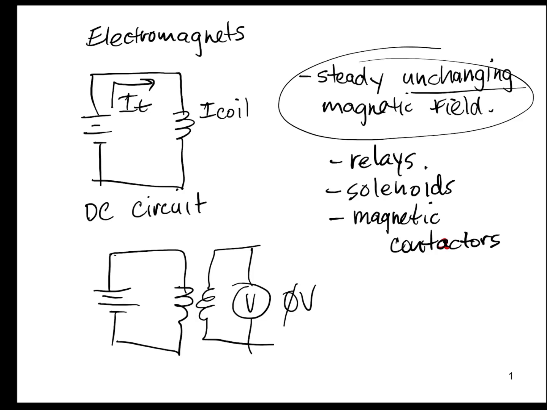And when that's the case, we're really talking about Faraday's law, which states that there has to be a changing magnetic field for voltage to be induced, and on top of that, the rate of change of that changing field determines the magnitude of the voltage induced.